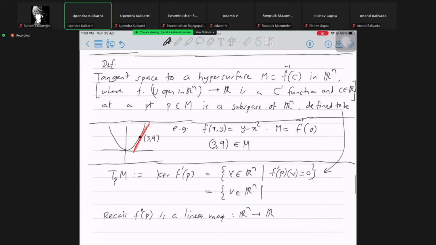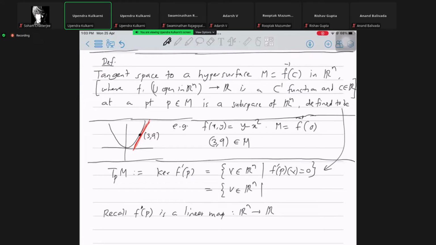Okay, so let's look at the example. In the example here, what is F prime of P? What map is that? It's going to correspond exactly to your visual intuition up to a shift.